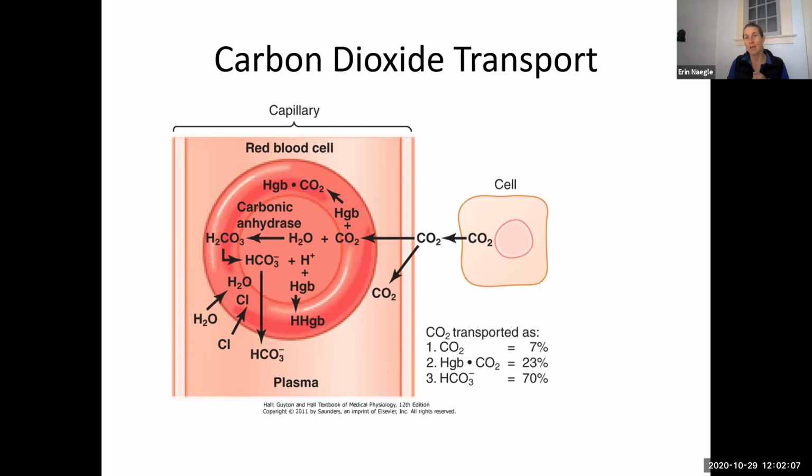Most of it, though, because it has such a low solubility in water, is going to be transported in those hemoglobin molecules. And then it has this cooperative binding. And then those different factors are going to cause that shift to the right. So now let's talk about carbon dioxide transport. And this becomes important as your body is trying to regulate the pH of your blood.